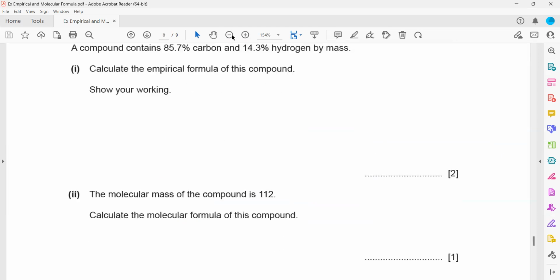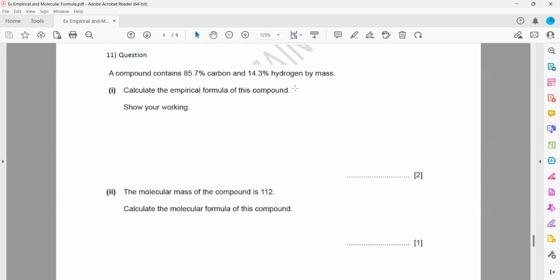Question 11. We have the percentages, like we have carbon and hydrogen. First, we work out the empirical formula of a compound: 85.7% carbon and 14.3% hydrogen. We divide by atomic mass, so this will be 12 and this will be 1. 85.7 divided by 12 is 7.14, and this will remain 14.3.